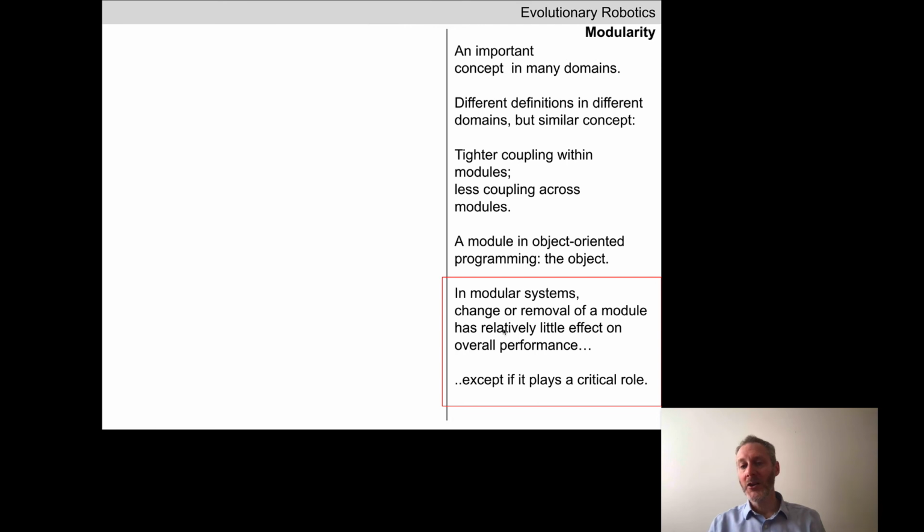The easiest way I know to sum this up is that if you do build a modular system, it is relatively easy to change or remove a module and have little effect on its overall performance. If everything is connected to everything else and one part breaks or needs to be fixed, the entire thing is broken.